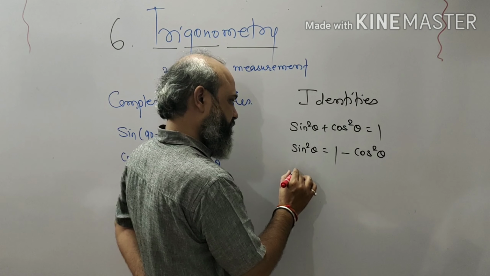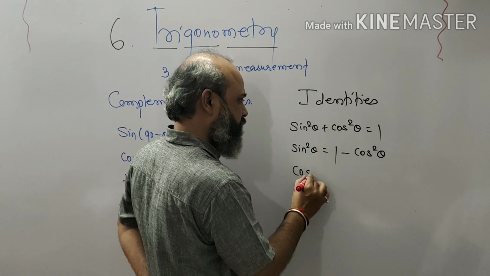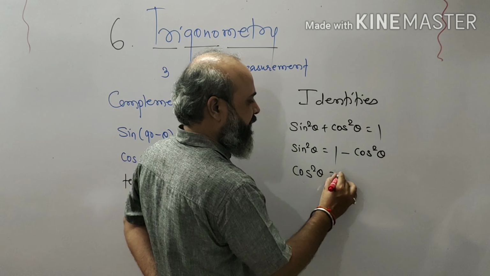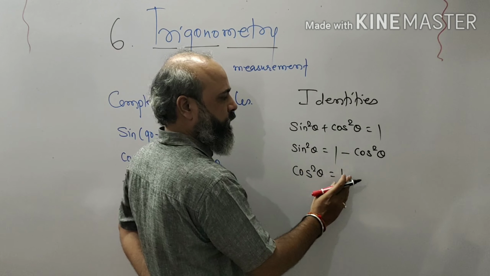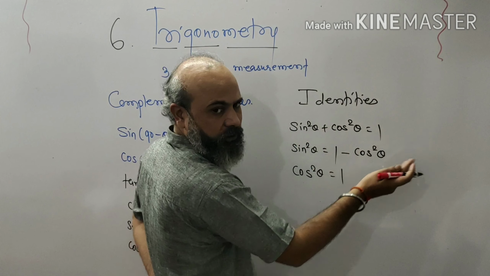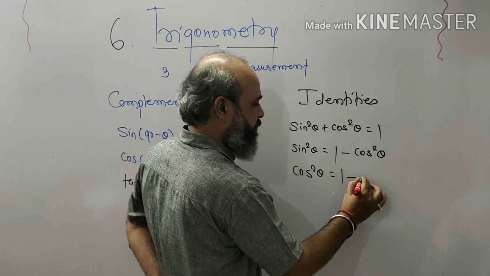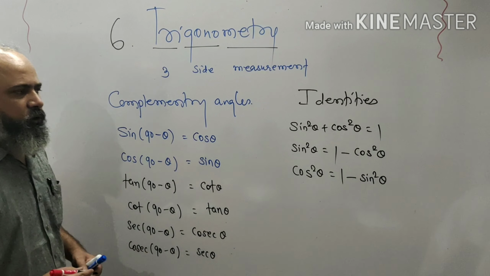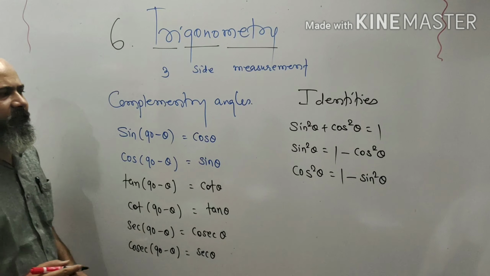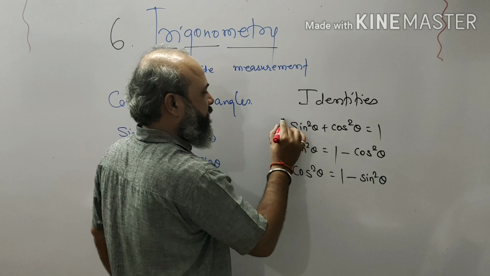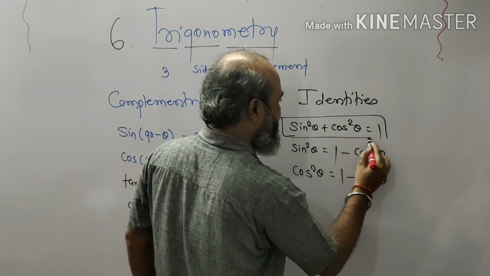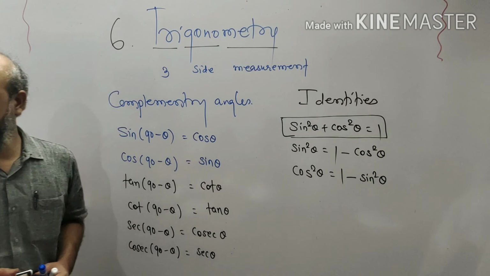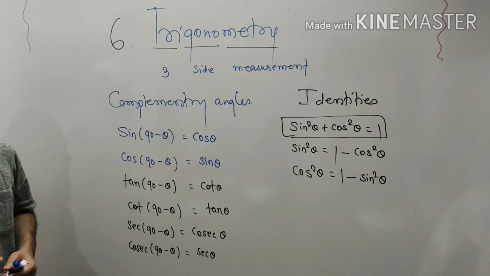Similarly, cos square theta is equal to 1 minus sine square theta. This is the first identity you studied in class 9.